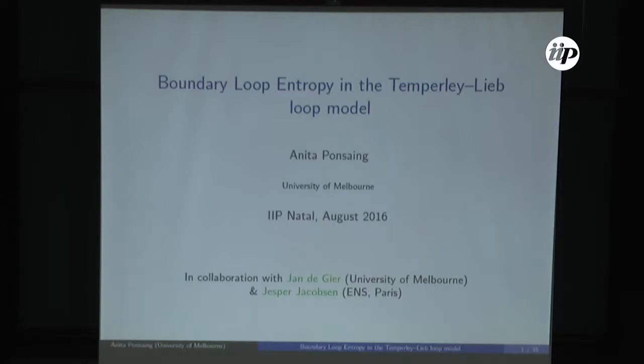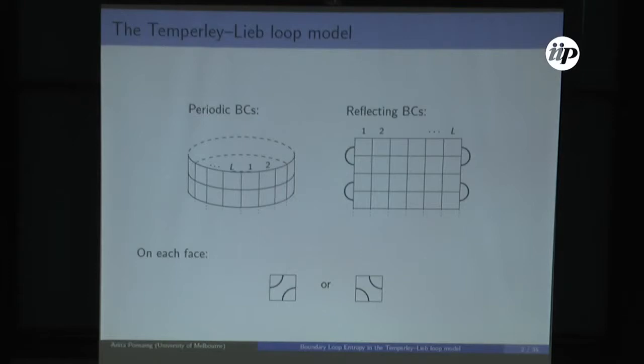In case you're not familiar with loop models, the first couple of slides is just pictures to give you an idea of what the loop model is about. So we're working on a square lattice which has periodic boundary conditions or reflecting boundary conditions. So that's just on a strip.